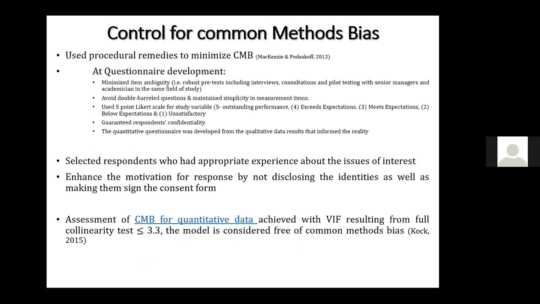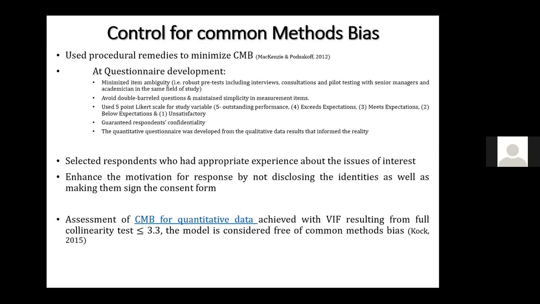Chair and members, of course, there are always issues of common methods bias, and in order to avoid this, we used a number of procedural remedies to minimize common methods bias. In questionnaire development, we minimized item ambiguity, and we ensured that we went through a robust testing process where consultations and pilot testing were undertaken.